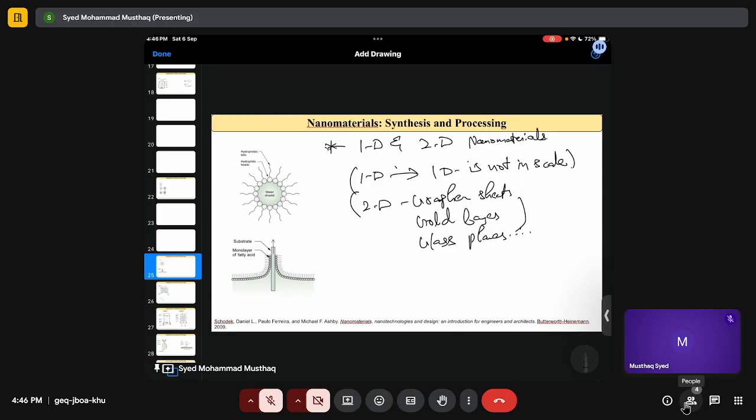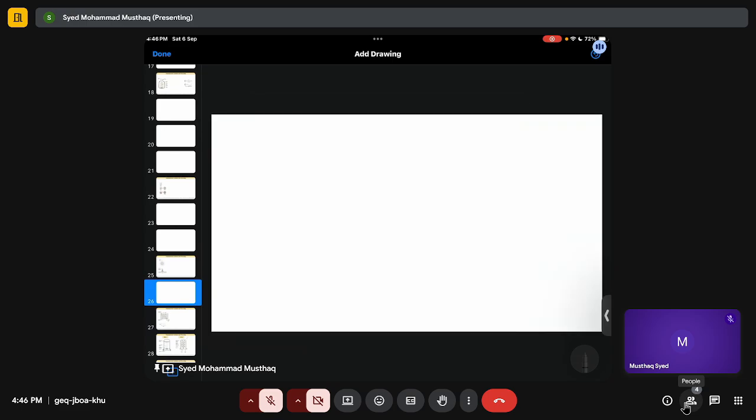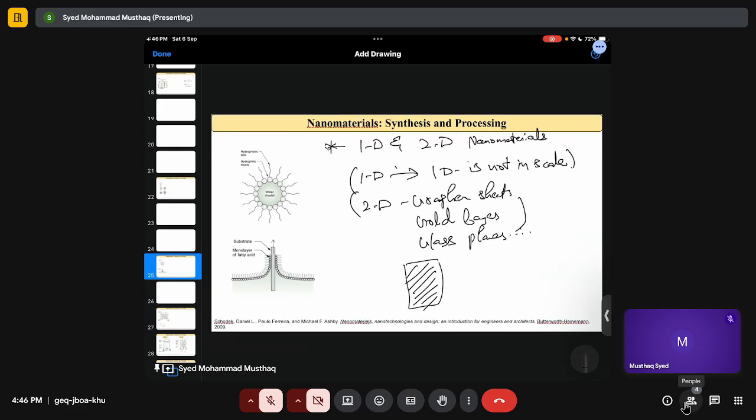Okay, so yeah, it is simple. What we do is we first have a precursor material, right? So let's say this is my precursor material. For example, if I form a solution and I want to deposit something onto it, let's say my surface is very hydrophilic. Surface is hydrophilic.